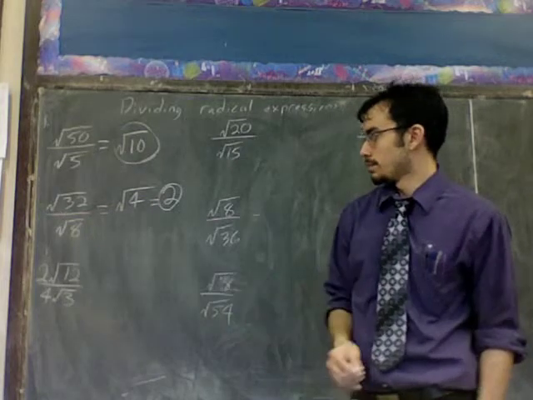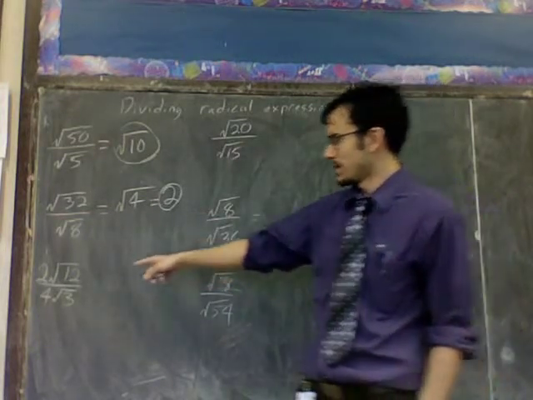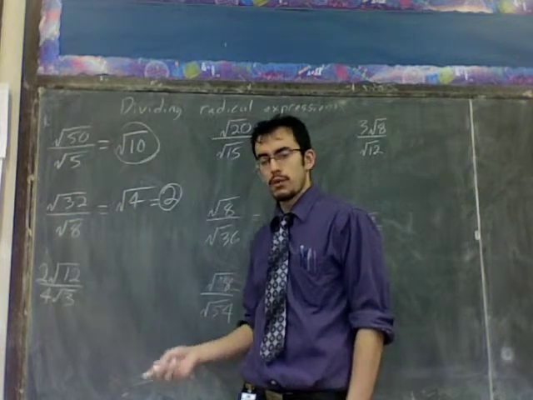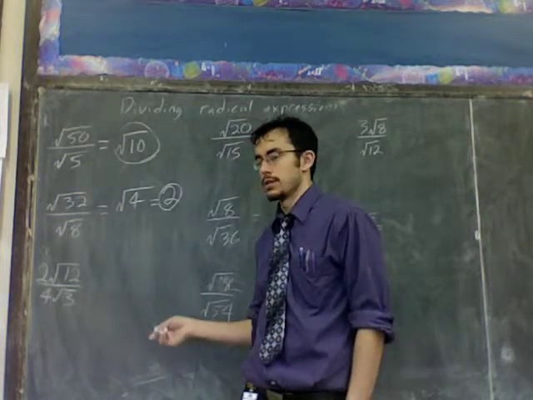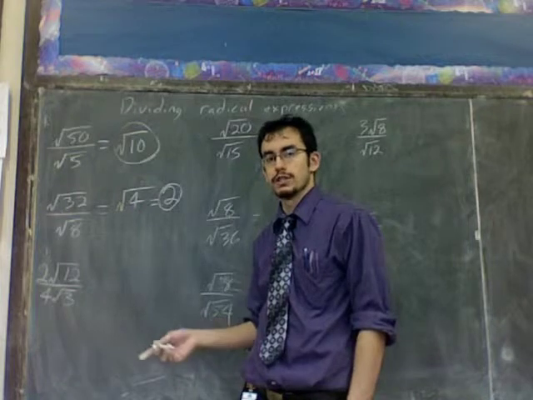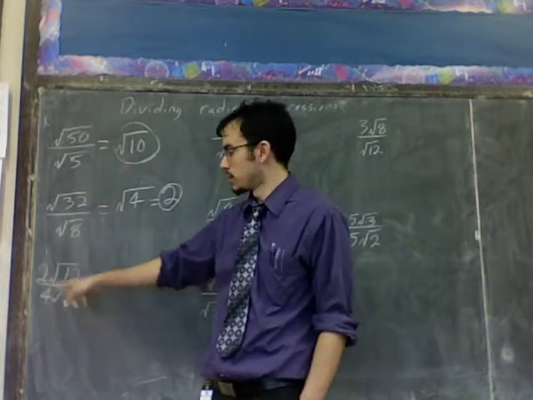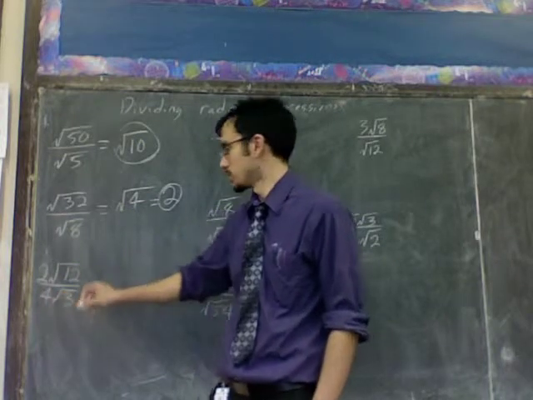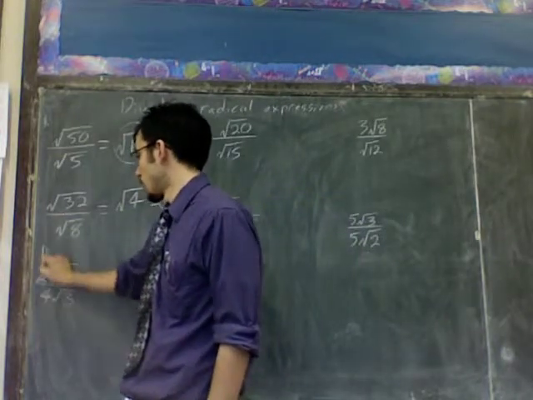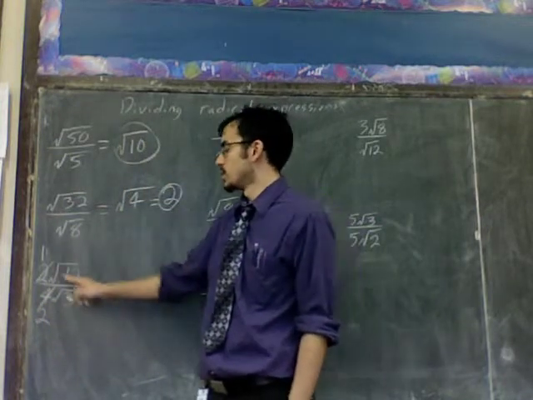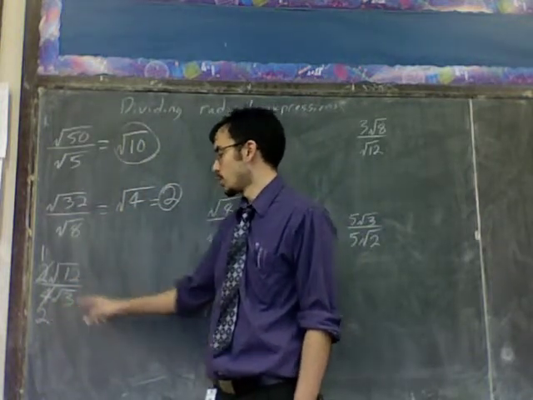We'll try another one. 2 square root of 12 over 4 square root of 3. The first thing you might want to do is worry about the regular numbers, the coefficients, the things that aren't under the radical. Well, 2 divided by 4: 2 goes into 2 one time and 2 goes into 4 two times. So I can divide this by 2 and get a 1 up here, and divide this by 2 and get a 2 down here. So now it really says 1 square root of 12 divided by 2 square root of 3.